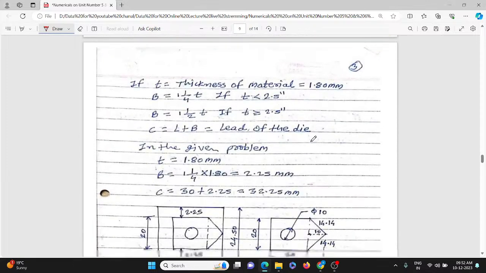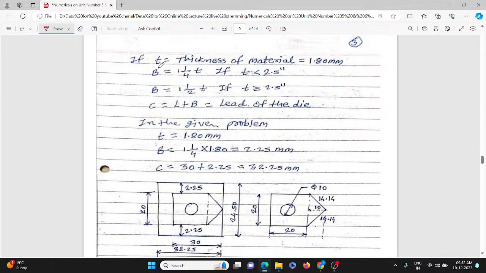T is equal to 1.80 mm, that is the thickness of the material.